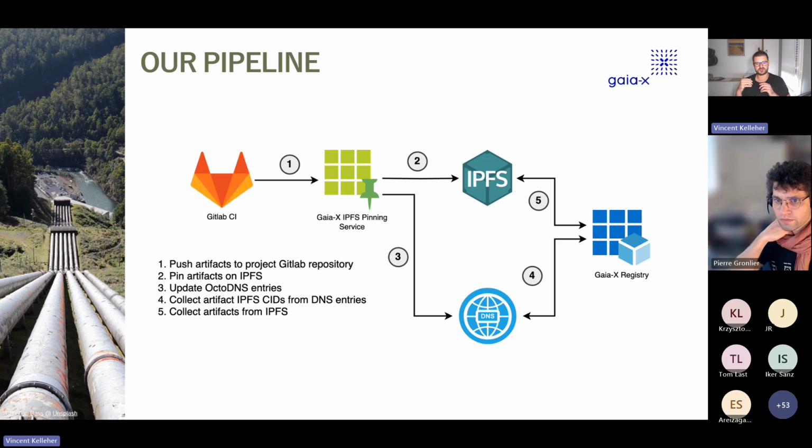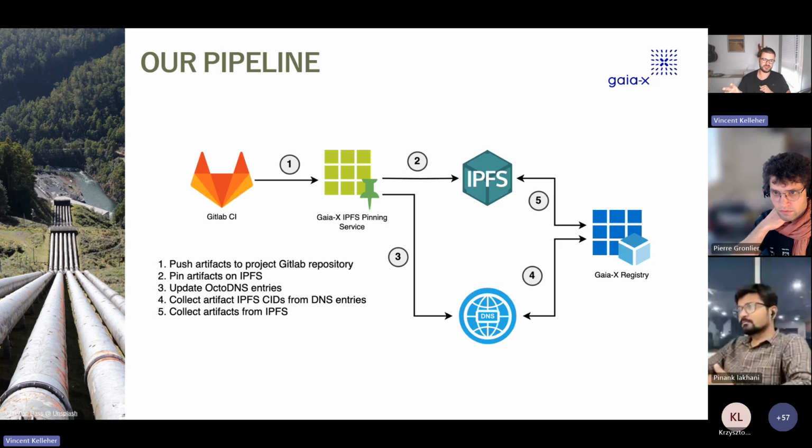It's going to first start by pinning the artifacts to IPFS, so to make them available on that decentralized file system. They're going to collect unique CIDs, which point to either folders or to the artifacts directly.